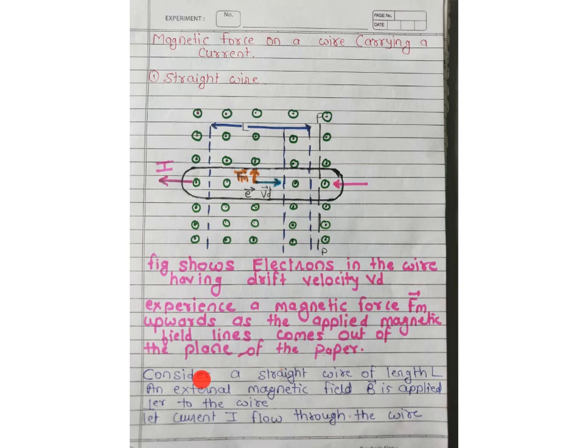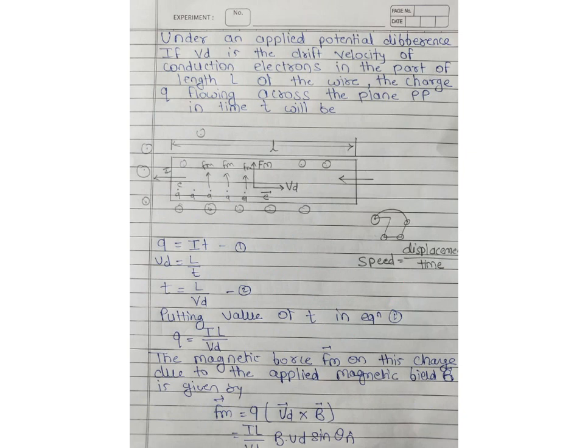Consider a straight wire of length L and an external magnetic field B applied perpendicular to the wire. Let current I flow through the wire under an applied potential difference.